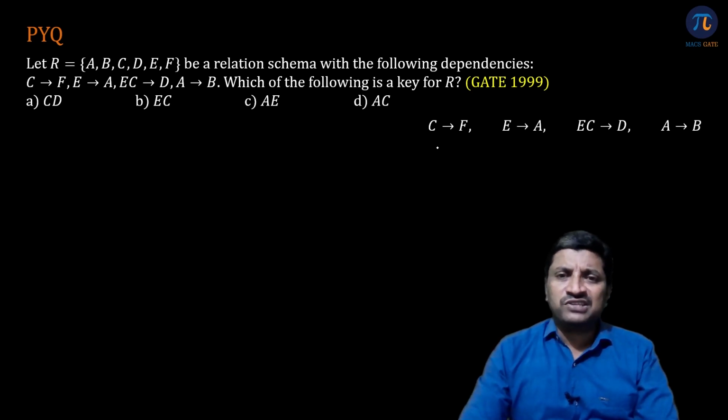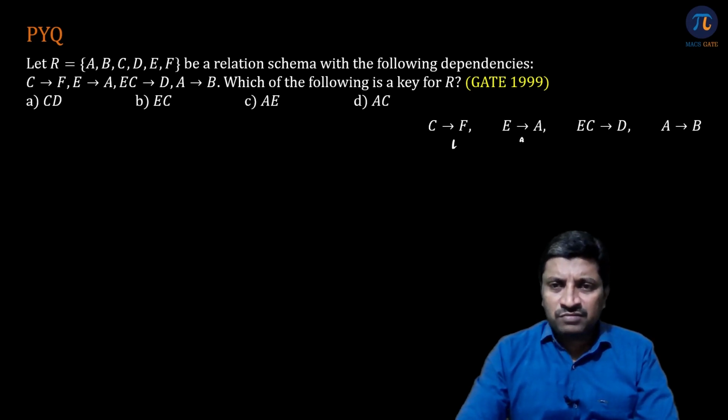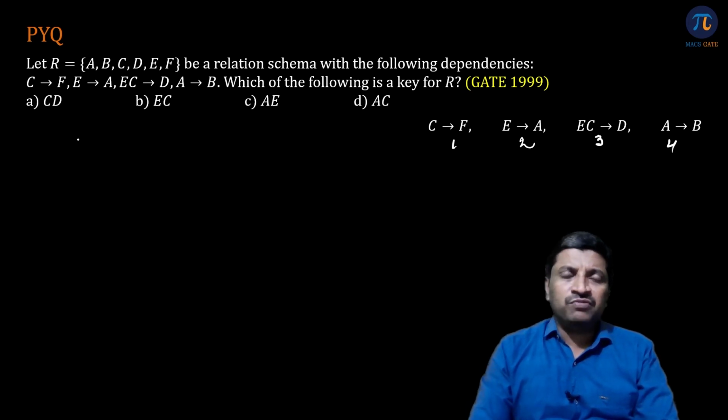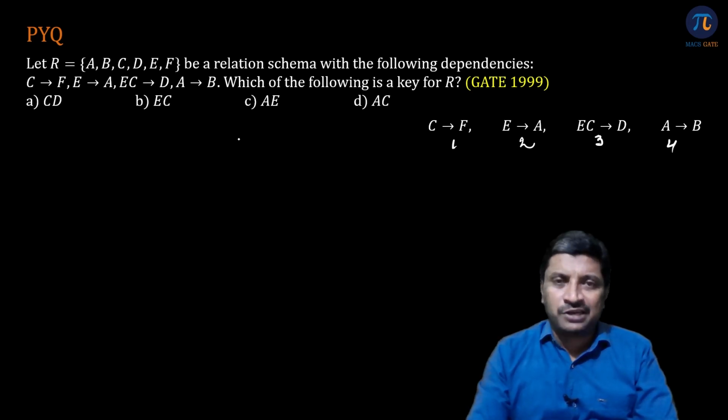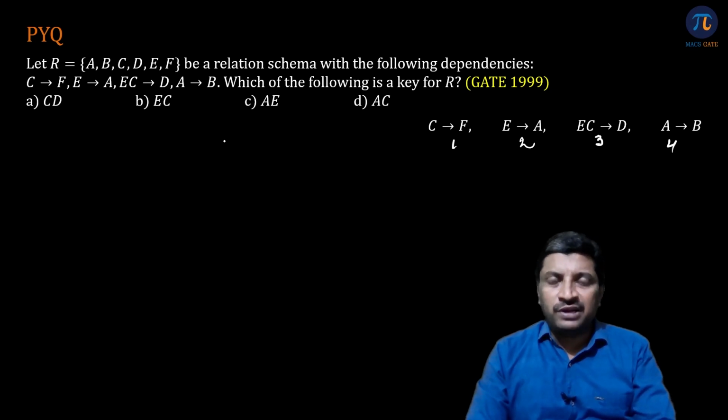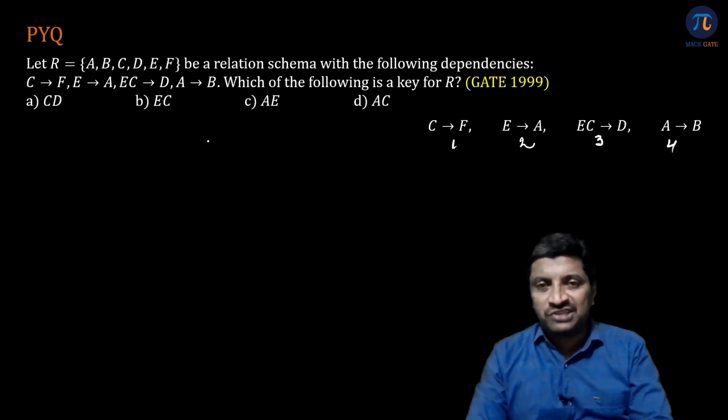So these are the functional dependencies they gave: 1, 2, 3. Okay. So we can verify each and every option directly. Before verifying, if you verify whether there is any attribute which is not present on the right side of any functional dependency, it will reduce some of our work.